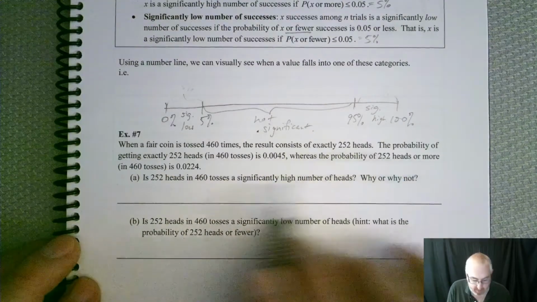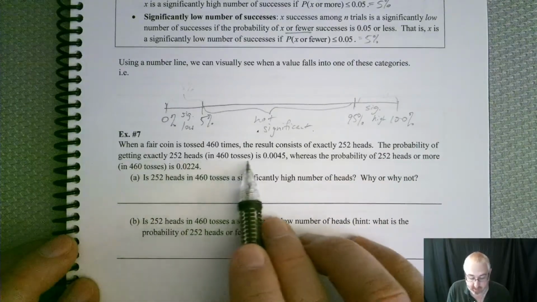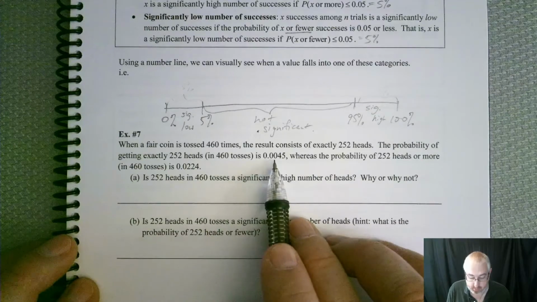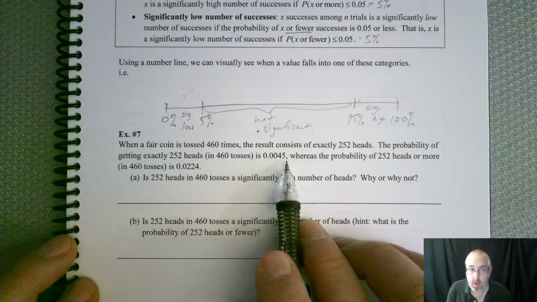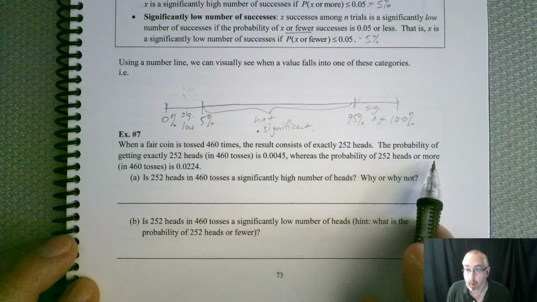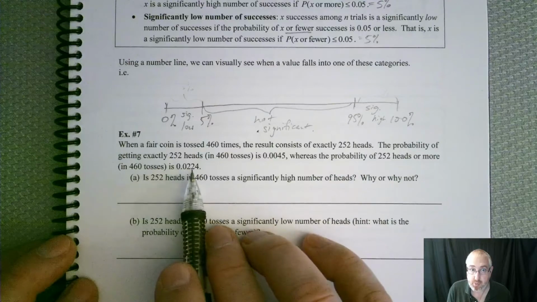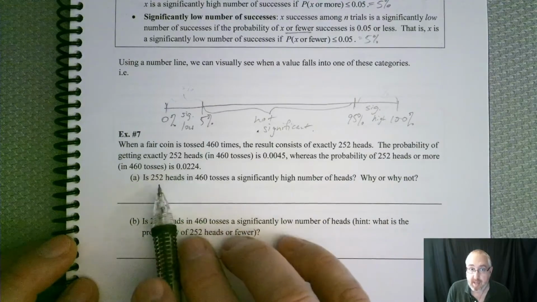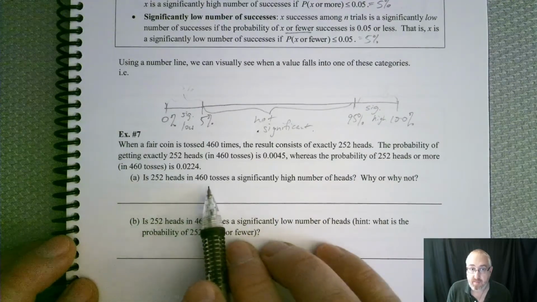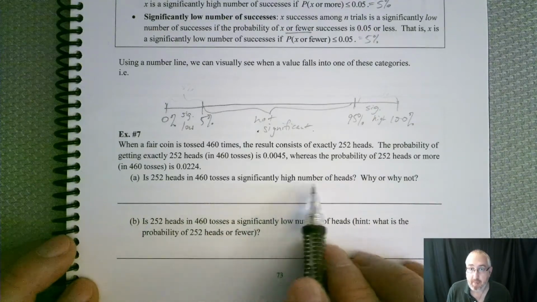The probability of getting exactly 252 heads in 460 tosses is 0.0045, whereas the probability of 252 heads or more in that many tosses is 0.0224. Is 252 heads in 460 tosses a significantly high number of heads?